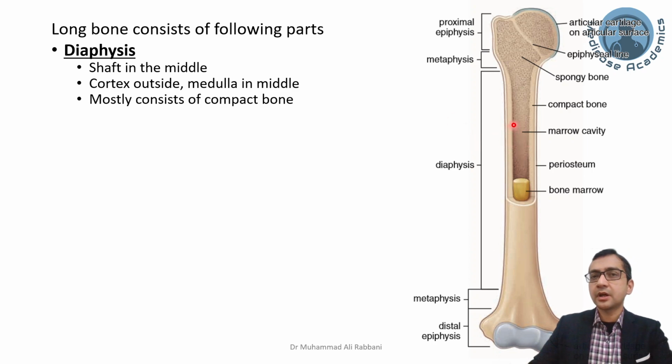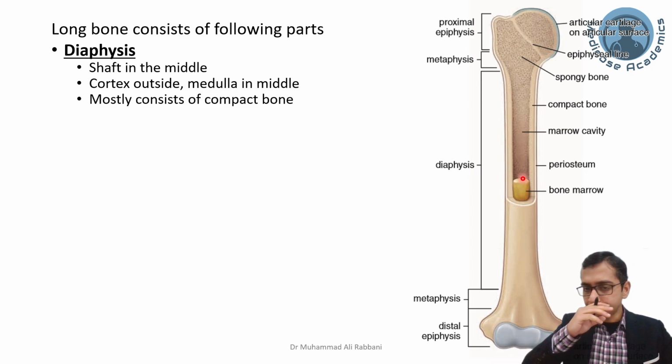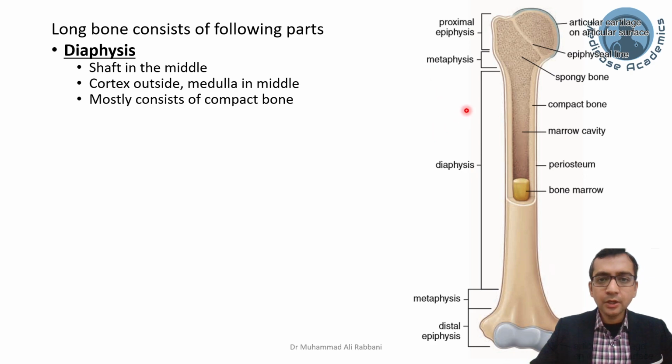Basically, these are the bones of the limbs, which have bone marrow in the center. As you grow old, it is replaced by yellow bone marrow, which is non-hematopoietic, mostly consisting of fat cells and stroma.